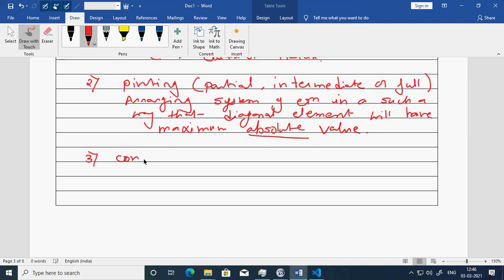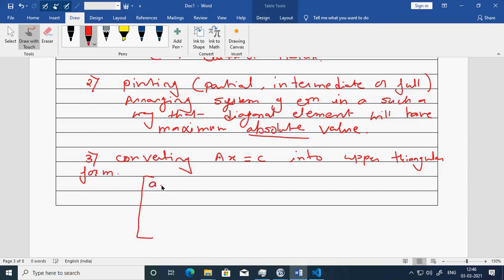the third step is converting AX = C into upper triangular form. So this is the next step. Okay, so your matrix could be something like this.